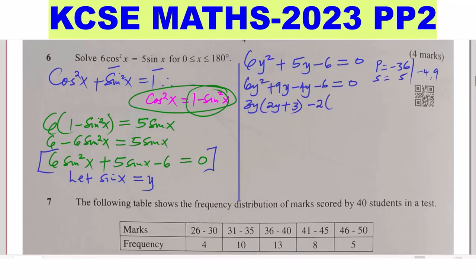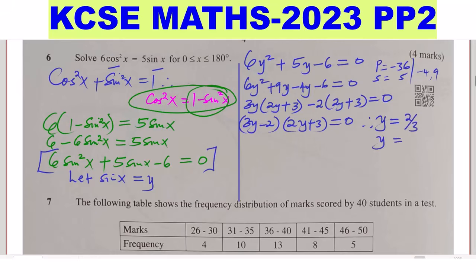Negative 2 is common, giving 2y plus 3 again. This simplifies to (3y minus 2)(2y plus 3) equals 0. Equating 3y minus 2 to 0, you get y as 2/3. Equating 2y plus 3 to 0, you get negative 3/2. So those are the two values of y.